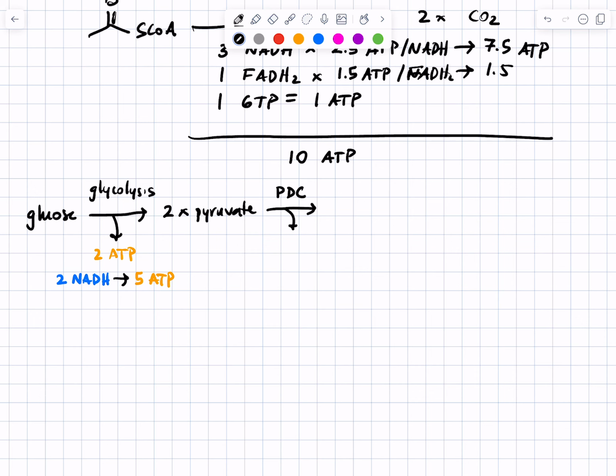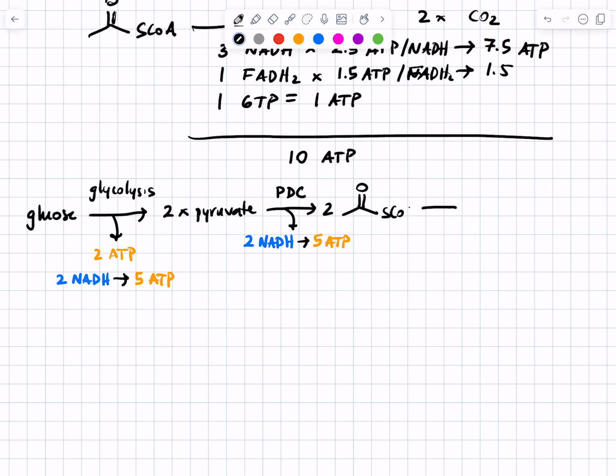Each time we go through the pyruvate dehydrogenase complex, we make a molecule of NADH. We're doing that twice here, so we should get 2 NADHs out, which is equivalent to 5 ATP. That gives us 2 molecules of acetyl-CoA.